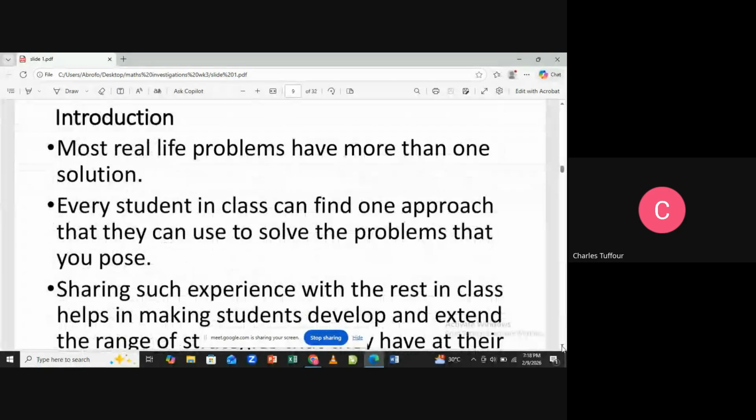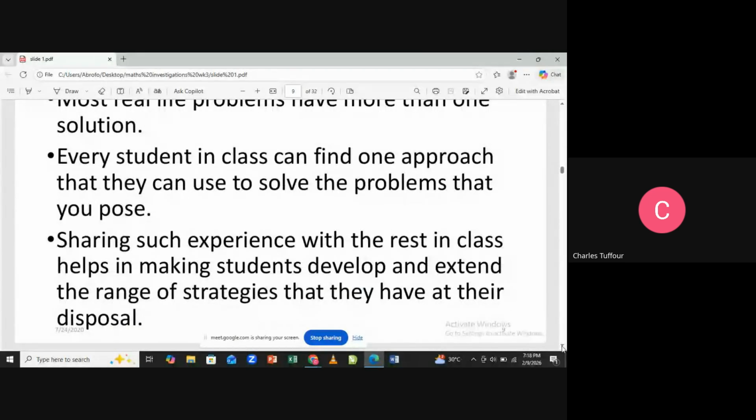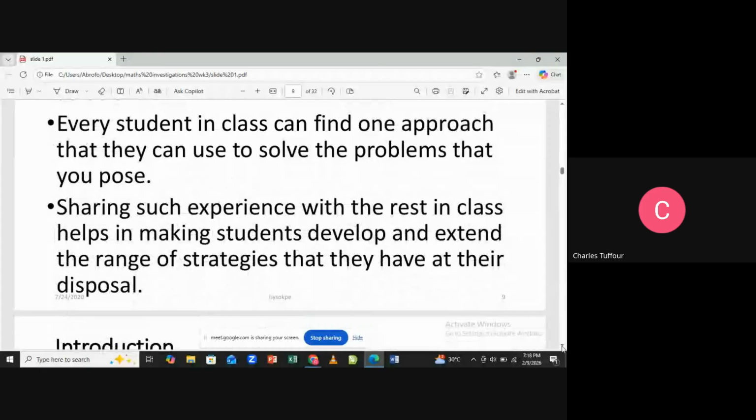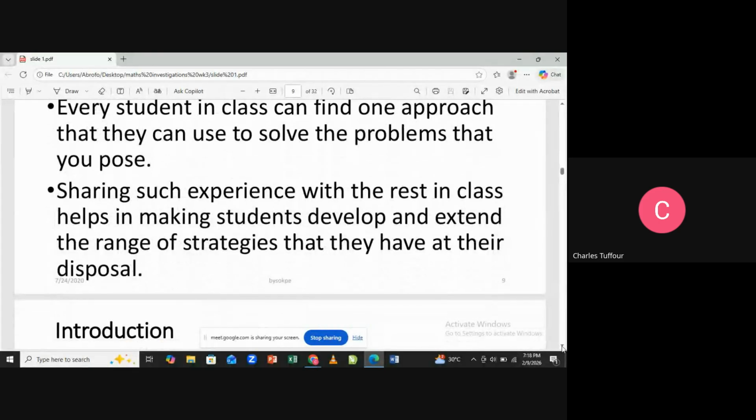Most real-life problems have more than one solution. Every student in a class can find one approach that they can use to solve the problem that you pose. With one question, they may use many approaches, but they will get the same answer.